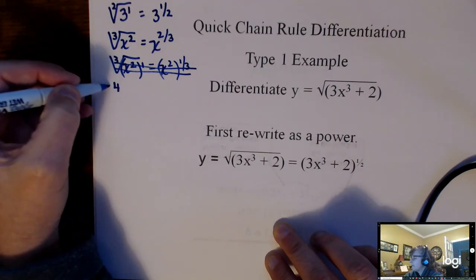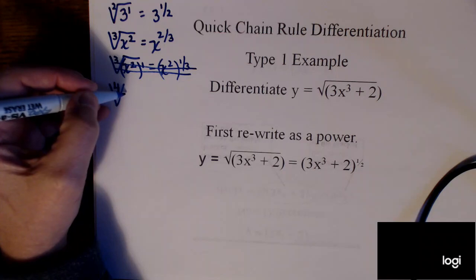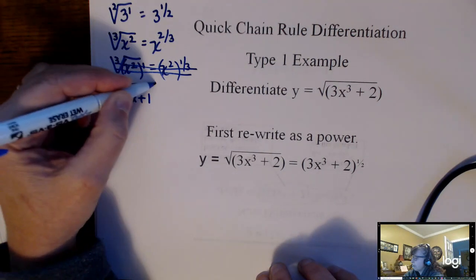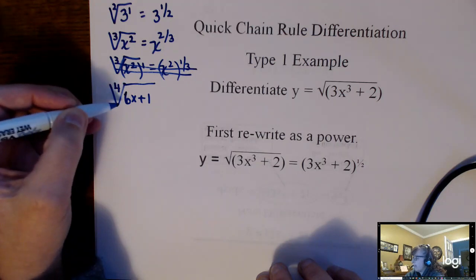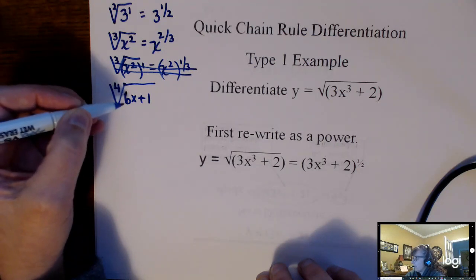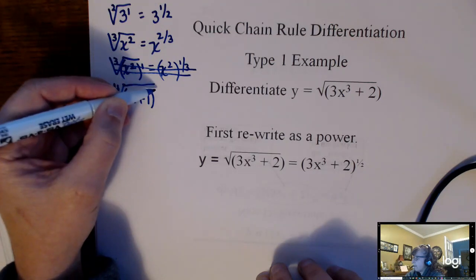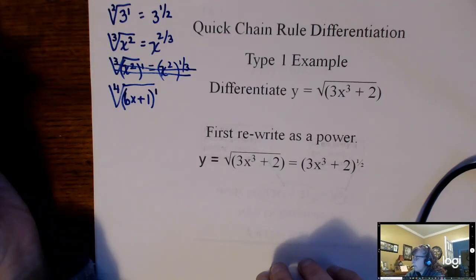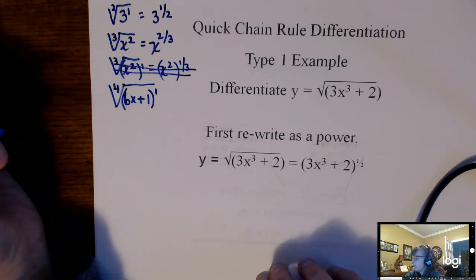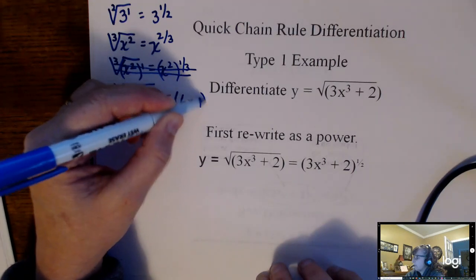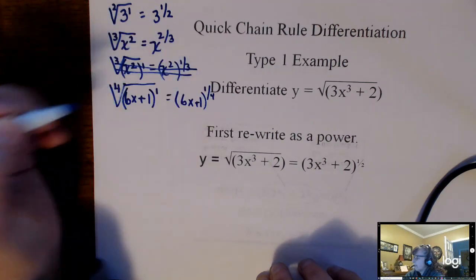If we had the fourth root of 6x plus 1, the first thing here is we have two terms under the radical, so you would have to put parentheses around that and think of the understood exponent 1. So that would be parentheses 6x plus 1 to the 1/4.